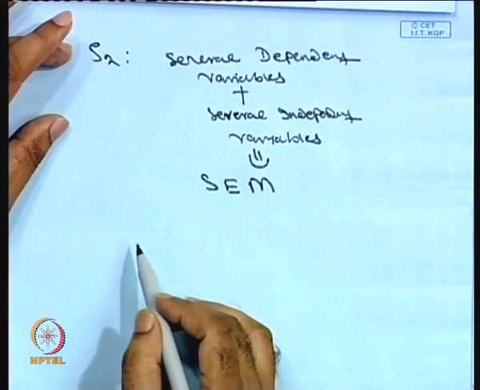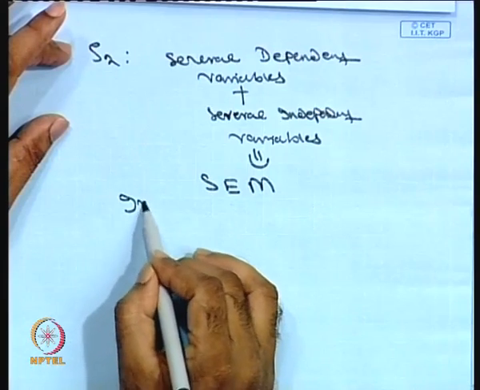So, we have two different games as far as real world problems are concerned. On one side we have one dependent variable with several independent variables. In the other situation we have a series of dependent variables and a series of independent variables.